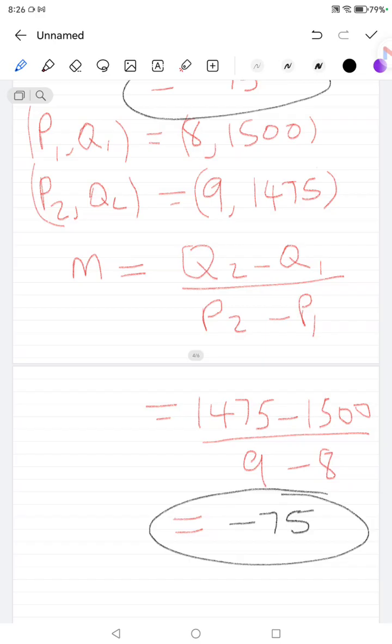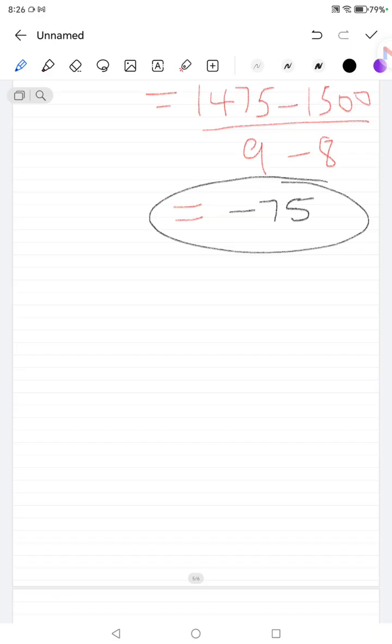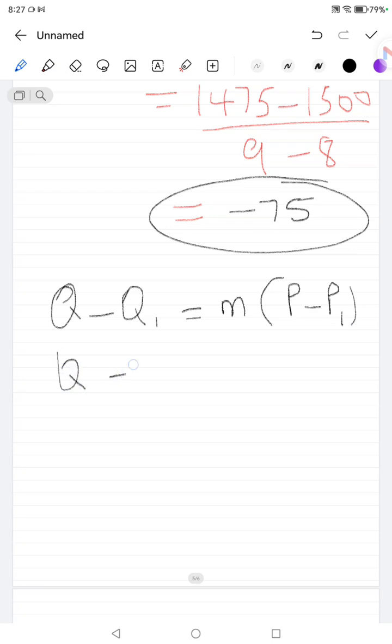As easy as that. But you're not done, you only found the slope. In order to find the full equation, you say Q minus Q1 is equal to m into P minus P1. Sure, you can recognize this formula. So you have Q minus 1,500 equals your m, which is minus 75, into P minus 8.